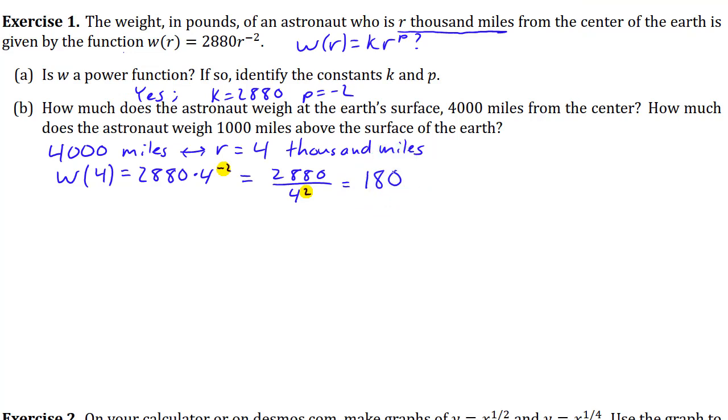And this is 180 what? What are the units of this? Dollars or kilograms or what? Well, it says the weight in pounds of an astronaut. So this should be 180 pounds at the surface.